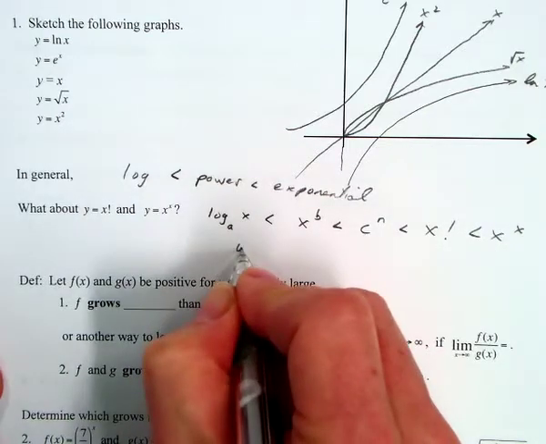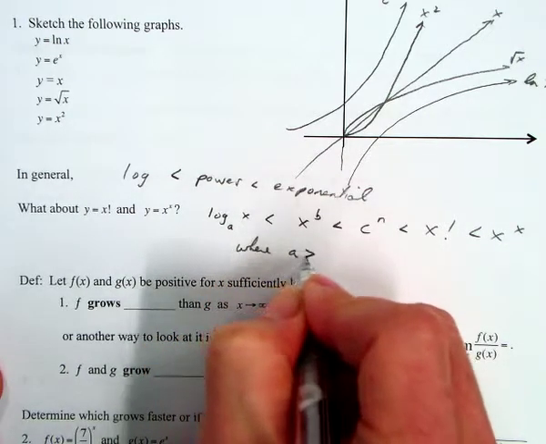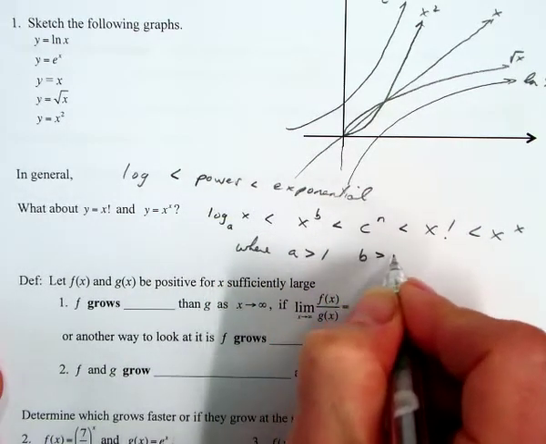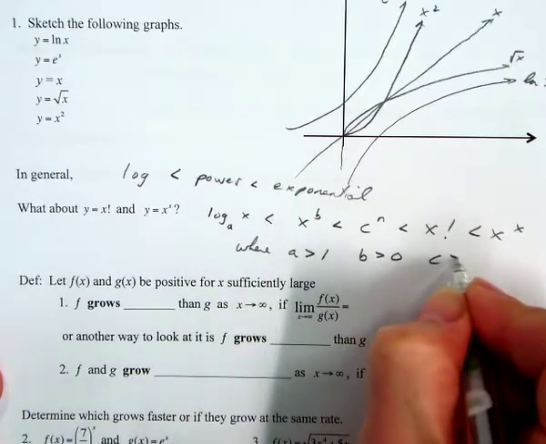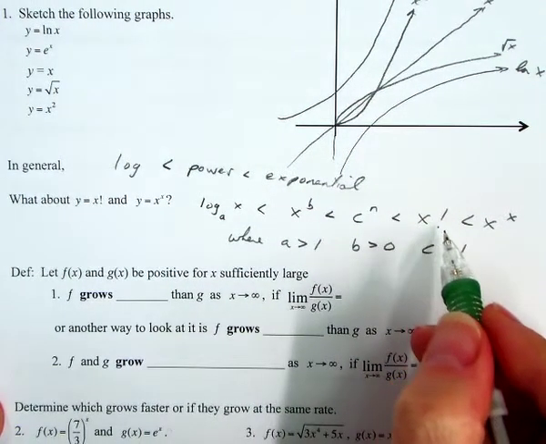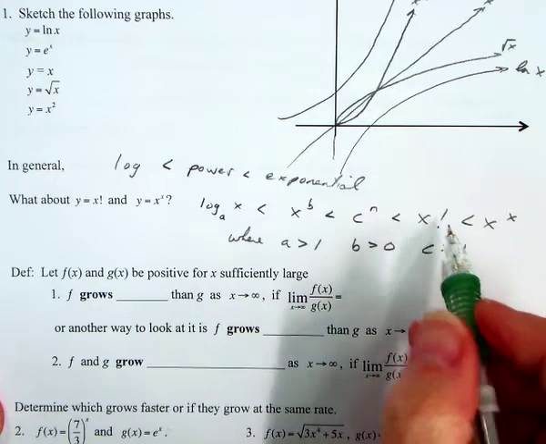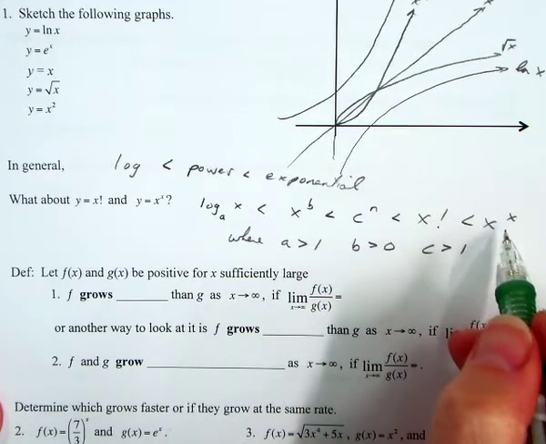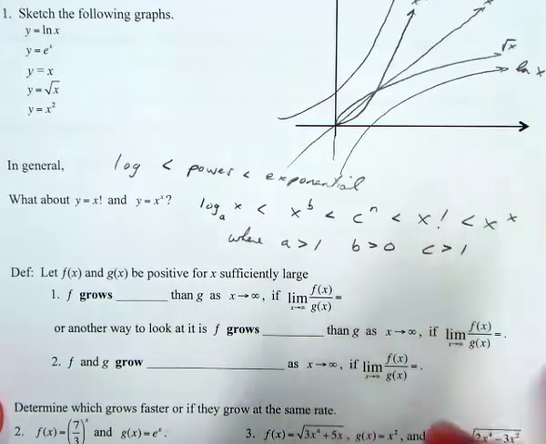And this is where a is greater than 1, b is greater than 0, and c is greater than 1. And recall, x factorial is just x times x minus 1 times x minus 2 all the way down to 1, whereas this is x, x, x, x, x, so that is bigger.